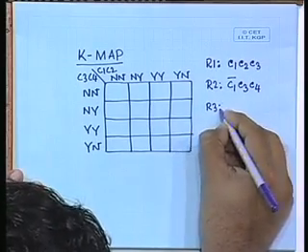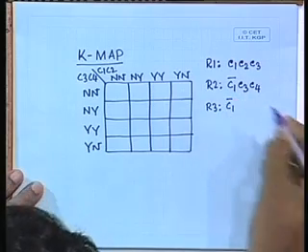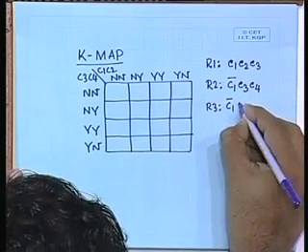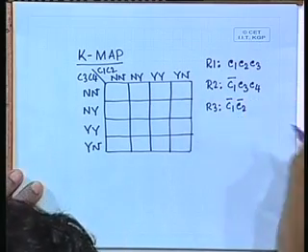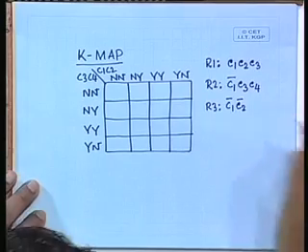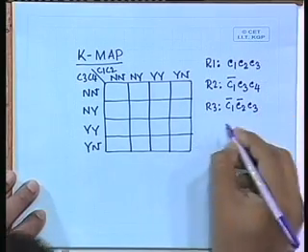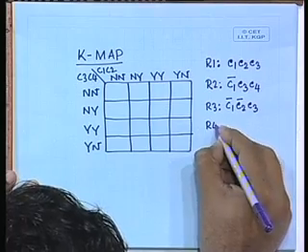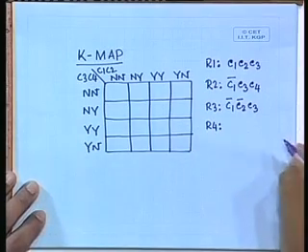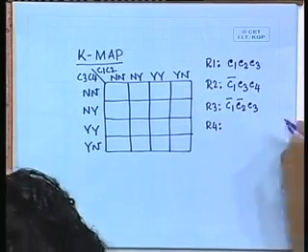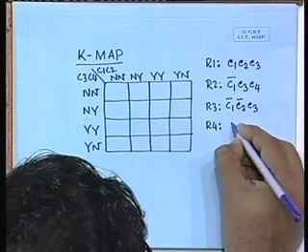Rule 3: not an old member, C1 bar, female, C2 bar and married, that is C3. Rule 4: male and over 40, so C2, C4.